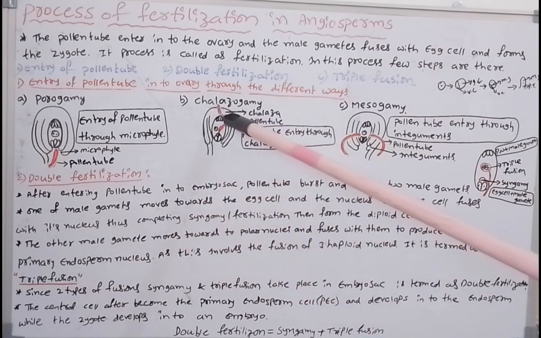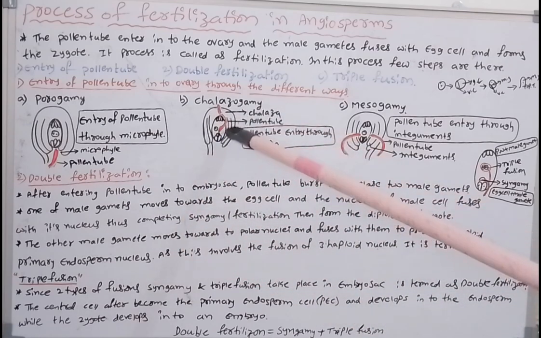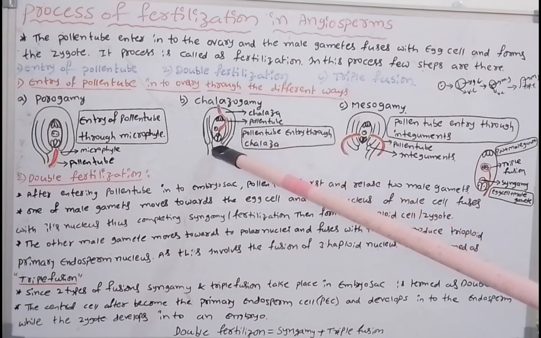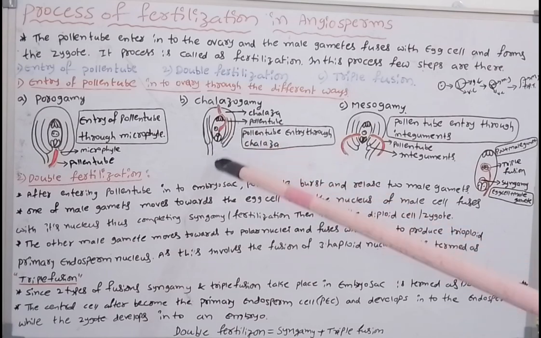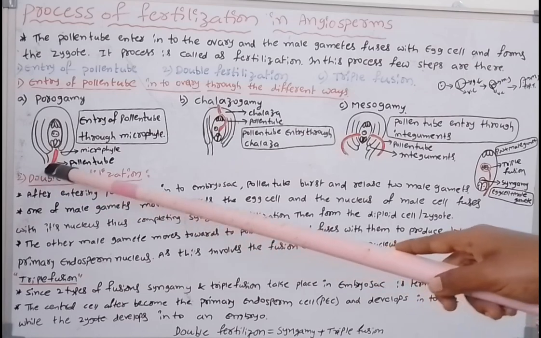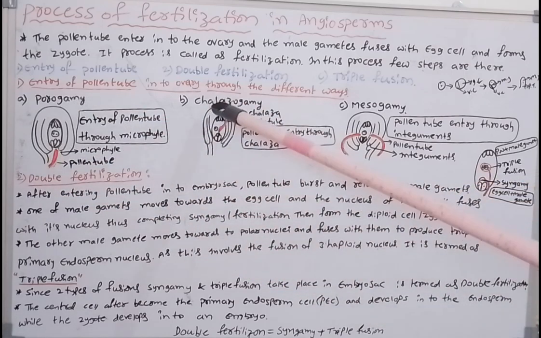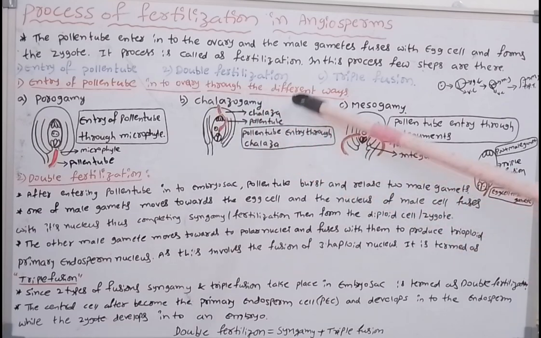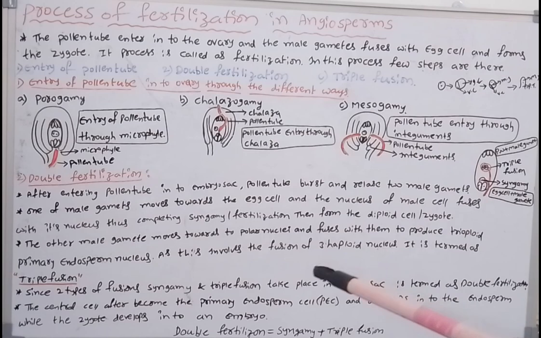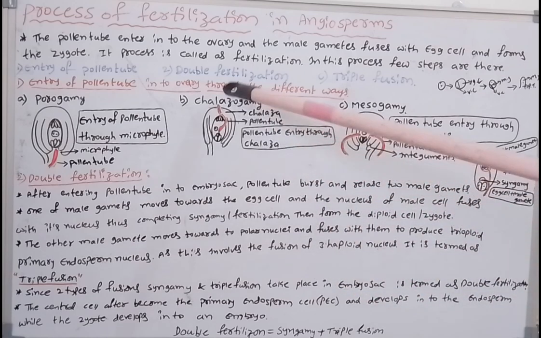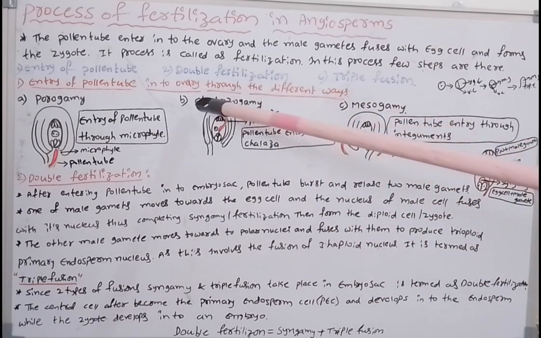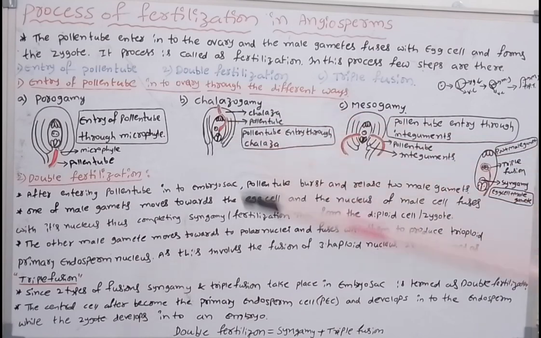This is the chalaza, this is the integuments, this is the micropyle. The pollen tube entry through the micropyle is called porogamy. The pollen tube entry through the chalaza is called chalazogamy.